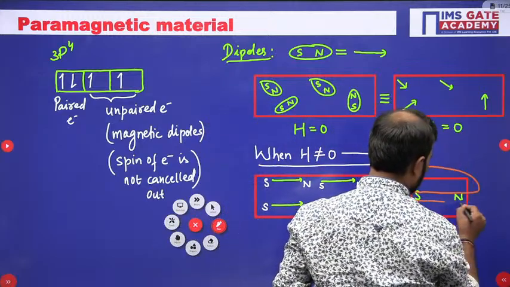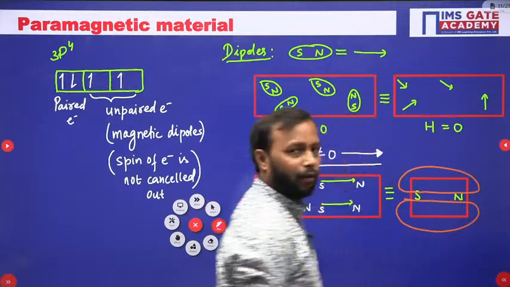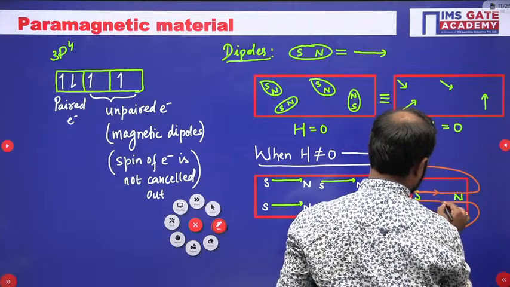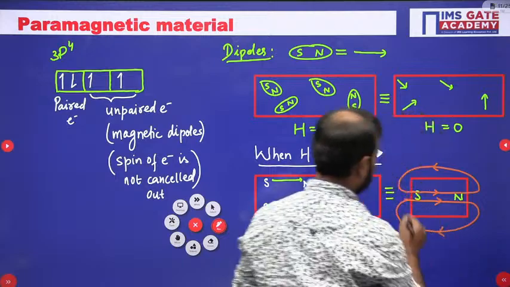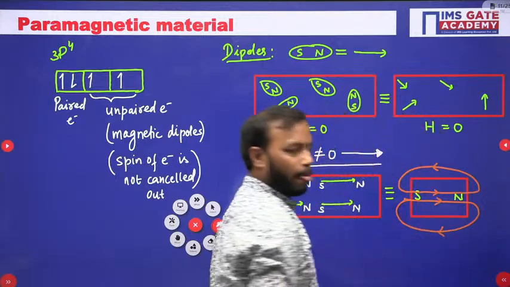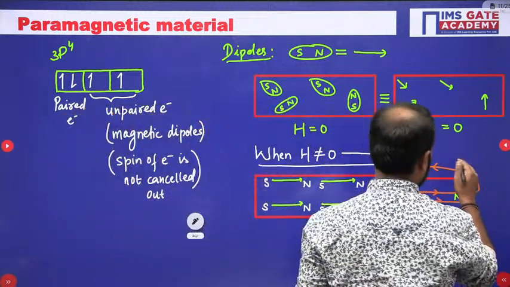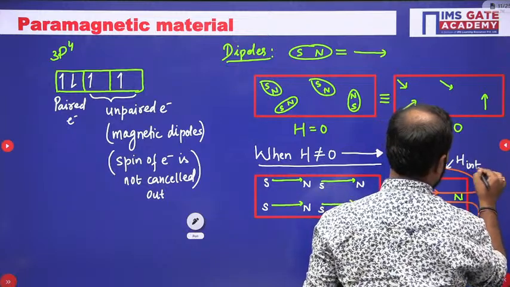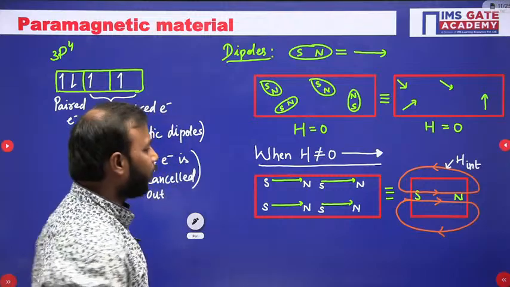So what is the direction, everyone? In the material, what is the direction? It is from left to right. And in air, it is right to left. Like this. Okay? So this is nothing but your H internal. Done? Any doubt in this?